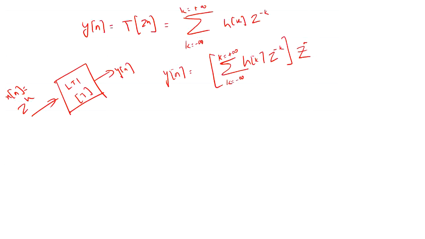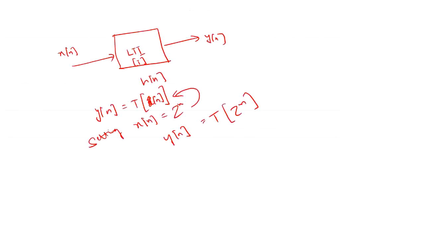Basically, instead of x[n], we have applied z raised to the power n. So finally, y[n] is nothing but H(z) multiplied by z raised to the power n, that is lambda z raised to the power n. Hence we have proved the relation that we gave on the previous page.